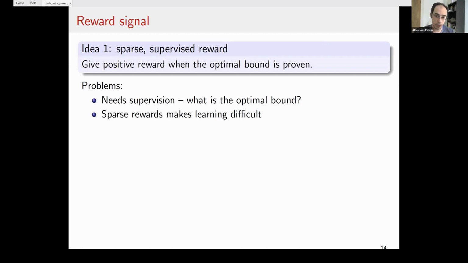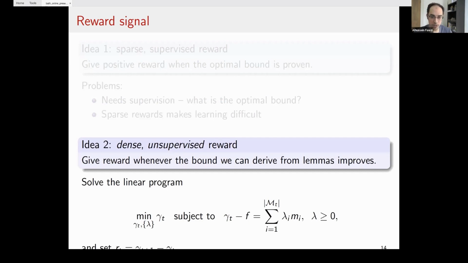The first is that you need supervision: you need to know the largest stable set in your training data, and that's not something we wanted to have. We want things to be completely unsupervised. The second problem is that sparse rewards make learning very difficult, since you get a reward only at the very end of the episode. That's why we instead used dense and unsupervised rewards.